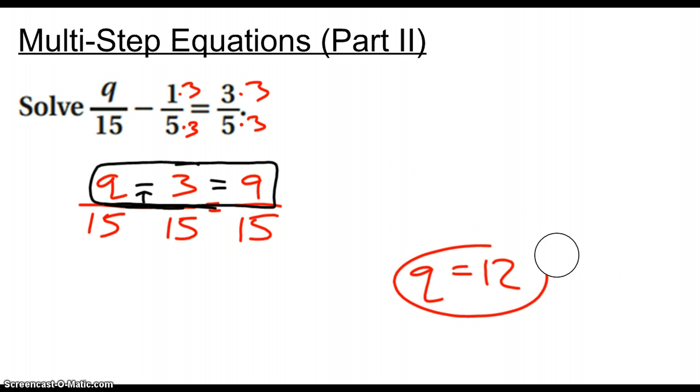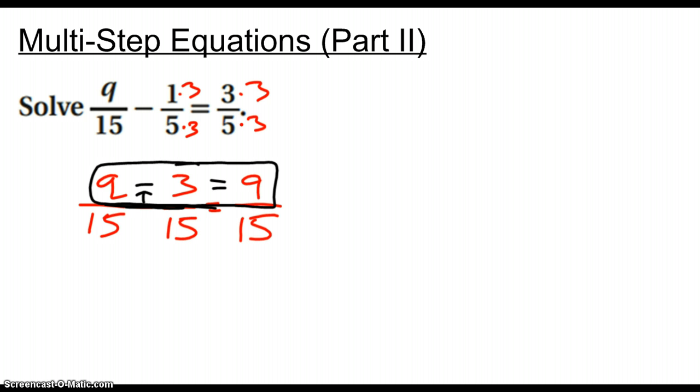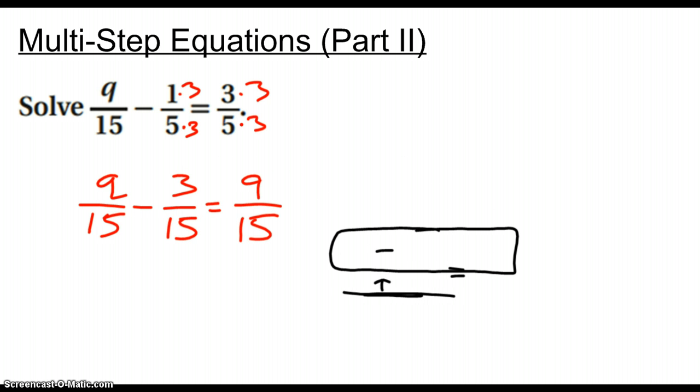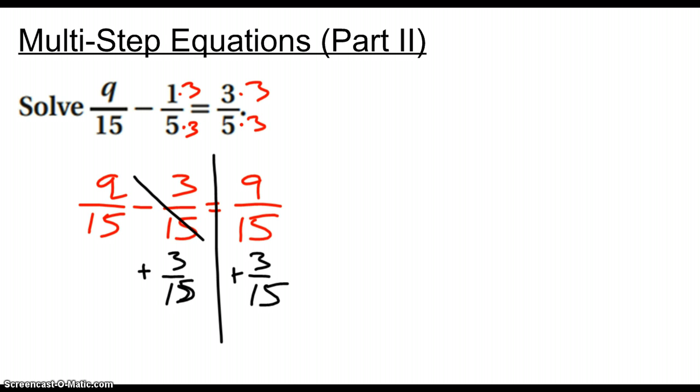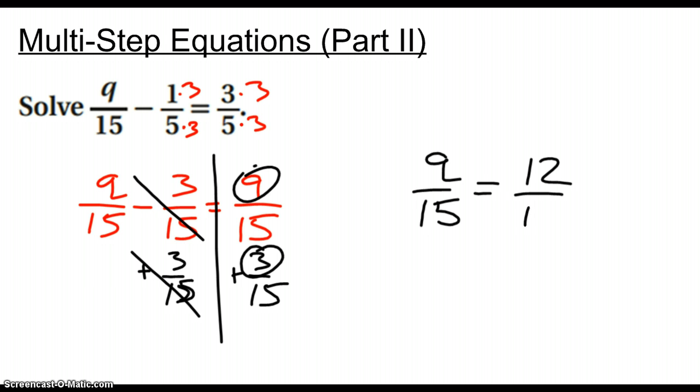The other way you could do that is you don't have to just use the tops. We can still go our route of, okay, we've got minus 3/15, so we'll do the opposite. We'll add 3/15. Negative 3/15 plus 3/15 will cancel. We're left with q over 15 equals, so 9 plus 3, we got a common denominator, 12/15.